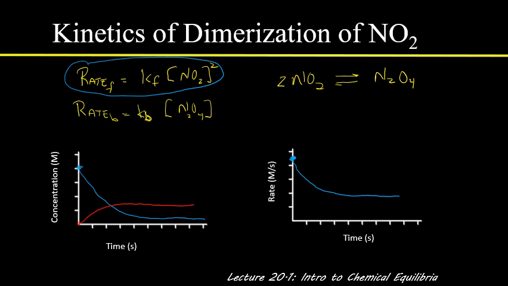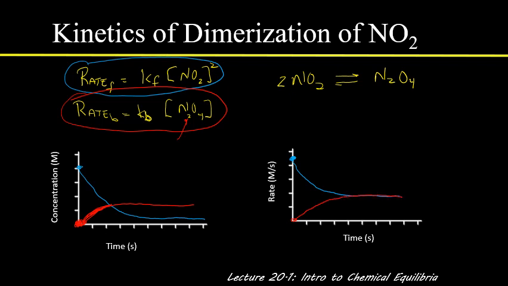The rate for the backward reaction, since it depends on the concentration of N2O4, will initially be 0, and as this concentration increases, the rate also increases.